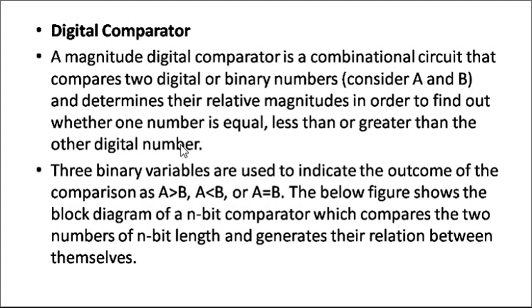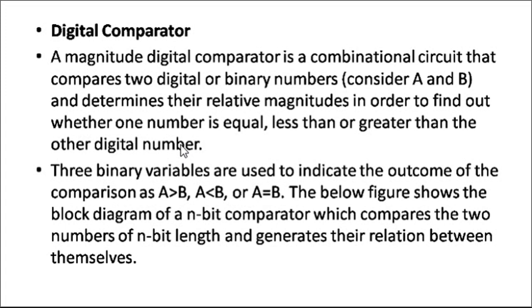A digital magnitude comparator is a combinational circuit that compares two digital or binary numbers, consider A and B, and determines their relative magnitudes in order to find out whether one number is equal to, less than, or greater than the other.